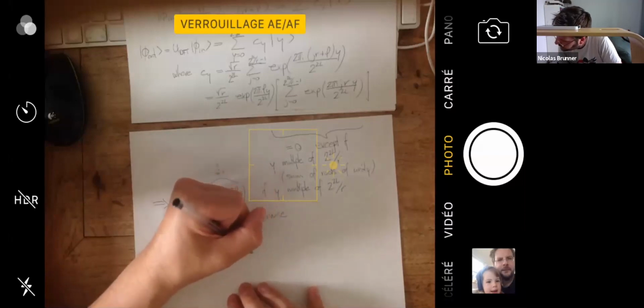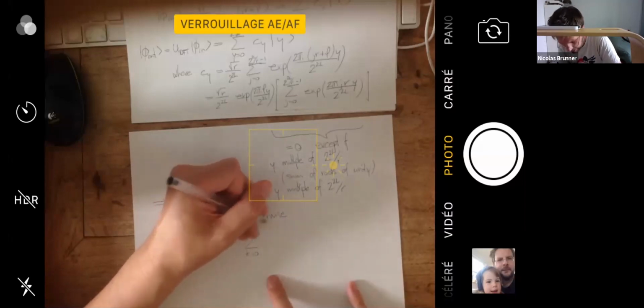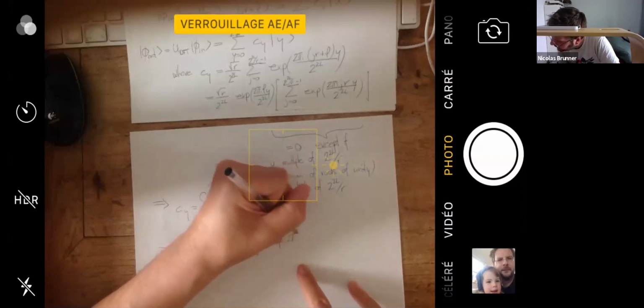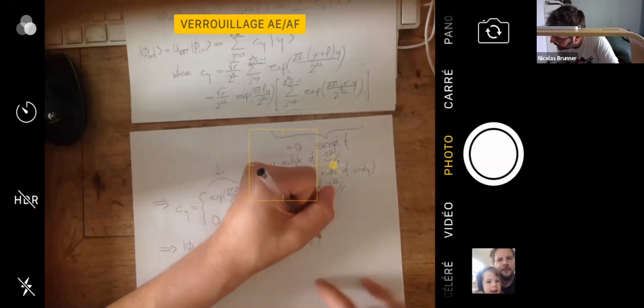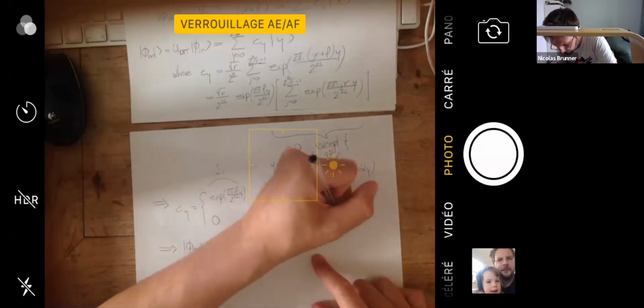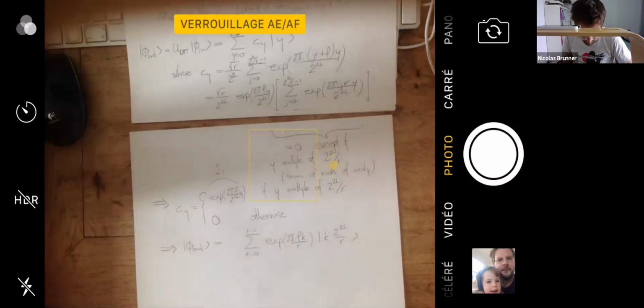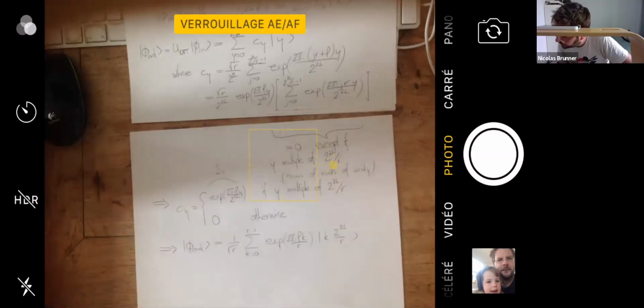So it's the sum over k from 0 to r minus 1 of the exponential of 2 pi i L k over r times the state k 2 to the 2l over r. And now there are r terms, so there is a factor 1 over r. That is correct.